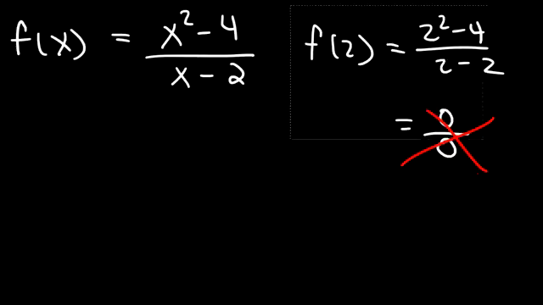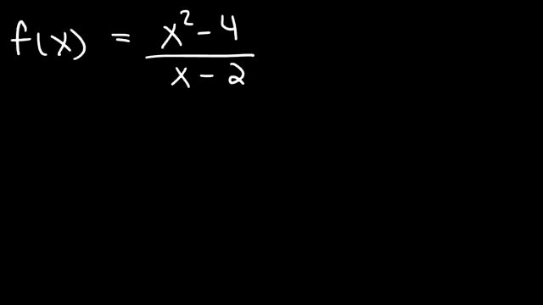And so this is when limits become important. If we can't find out the value of the function when x is 2, can we find out what the function will do as x approaches 2? So what happens when x is, let's say, 2.1?